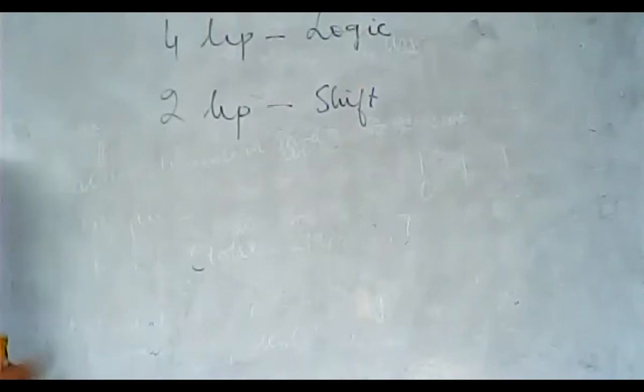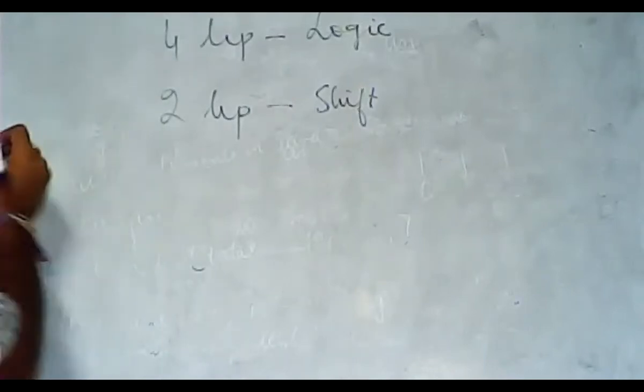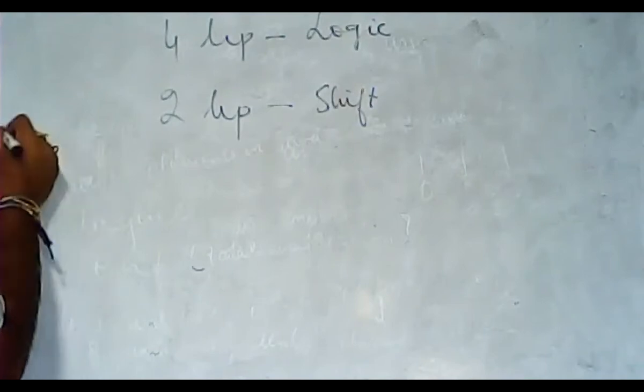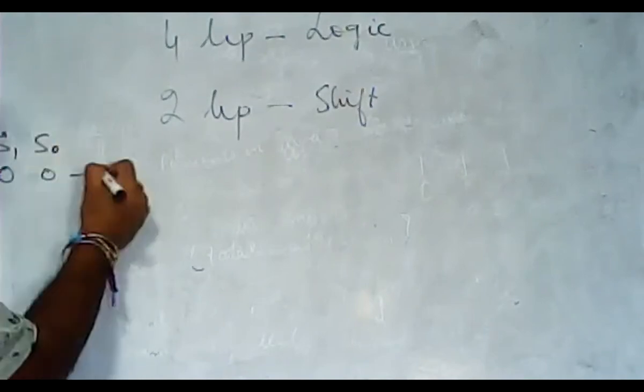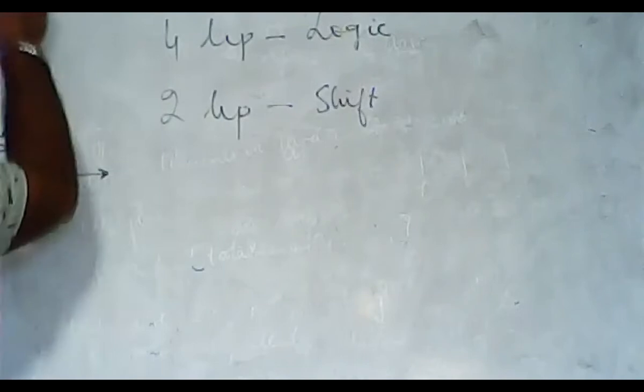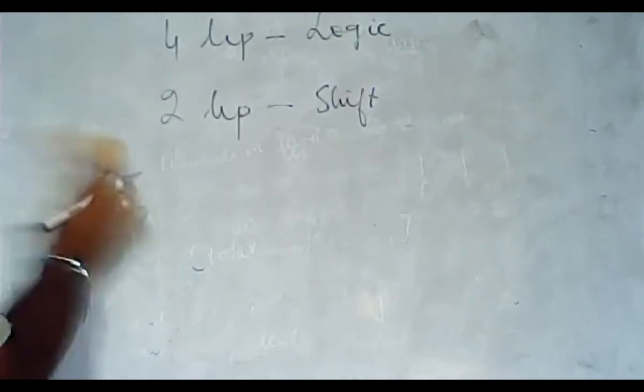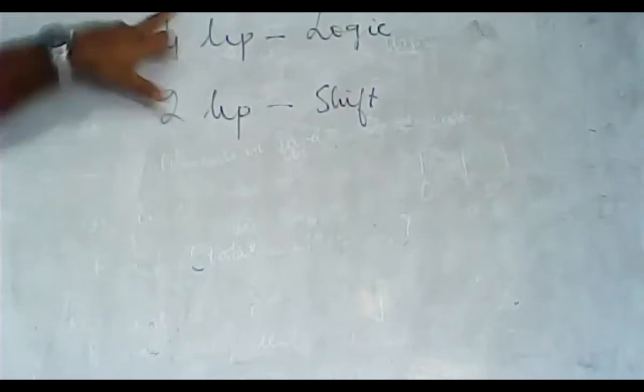So how will it be achieved? When the value of S1 and S0 is 0 0 throughout, that gives the 8 micro operations.